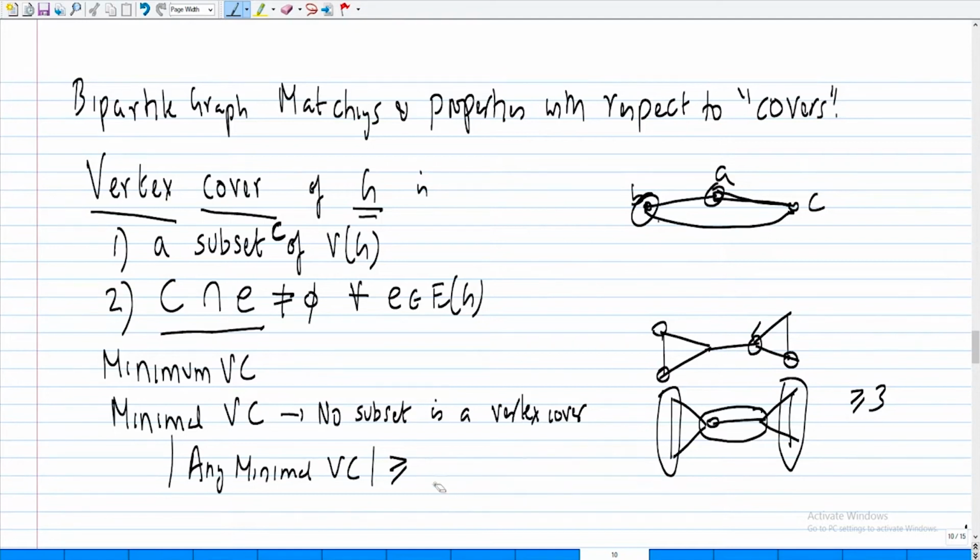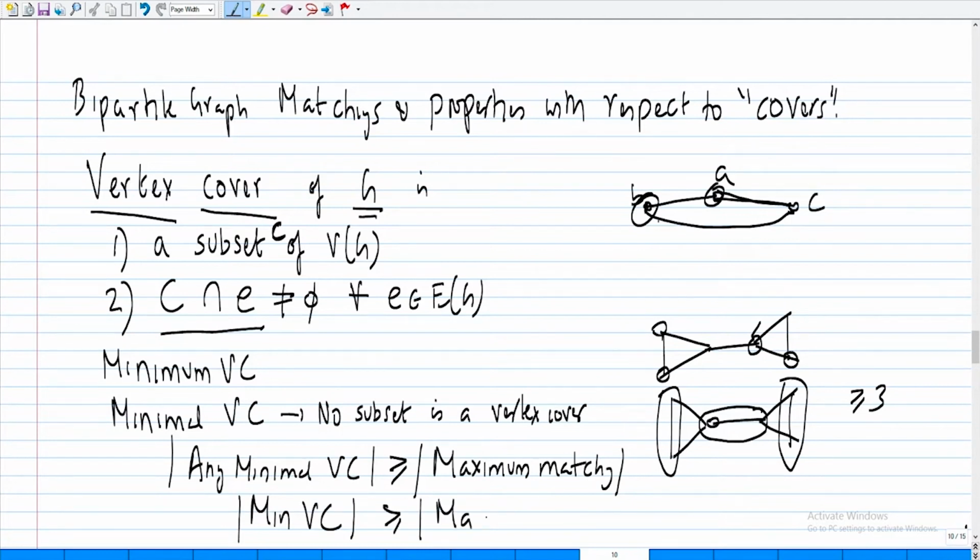I can give the best lower bound. So any vertex cover has at least as many elements. Therefore, indeed, the cardinality of the minimum vertex cover, VC means vertex cover, is at least the size of the maximum matching.